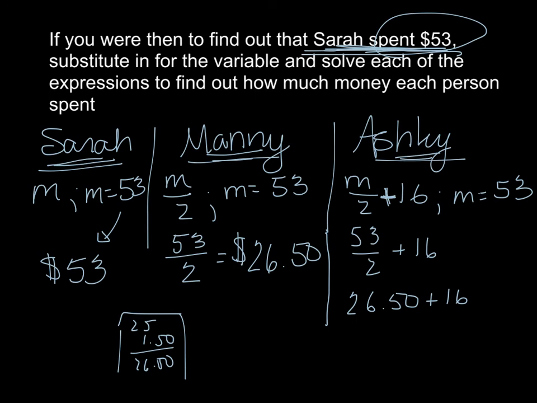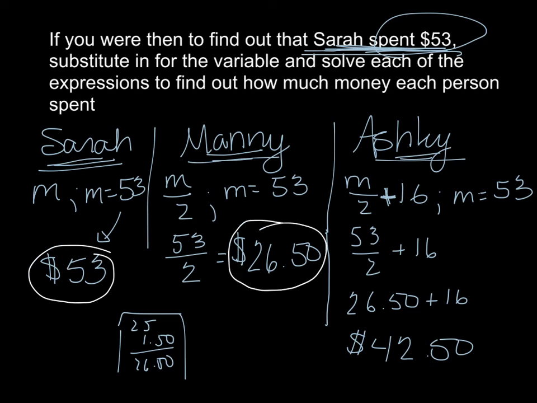Well, if I think this through, I've got 26 plus 10 is $36.50. Plus another 6, well 36 plus 6 more, that's going to give me $42.50. So now I know that Sarah spent $53, Manny spent $26.50, and Ashley spent $42.50.